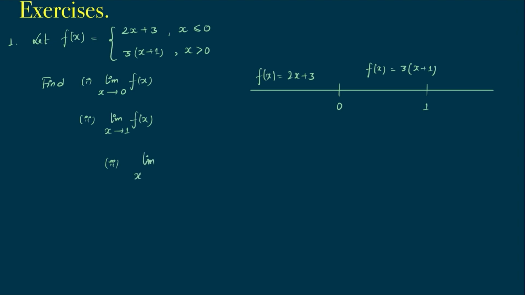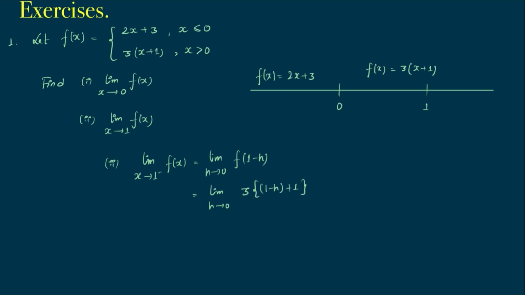First let me find the limit x tends to 1 minus f(x), which equals limit h tends to 0 of f(1 minus h). Since I have to use this particular function only, here it will be limit h tends to 0 of f(1 minus h), which is 3 into (1 minus h) plus 1.